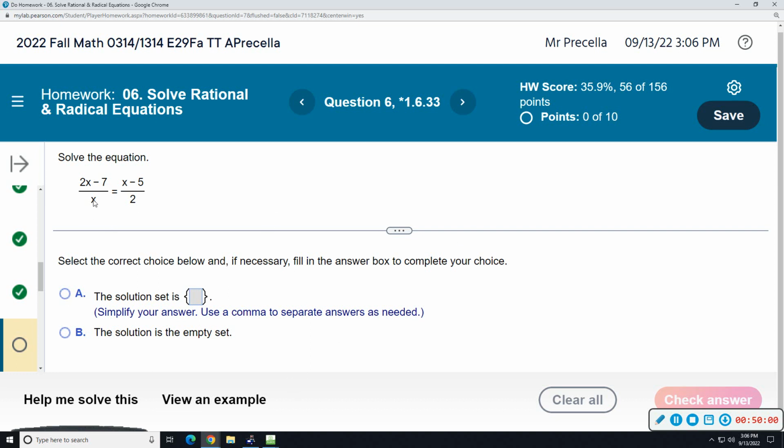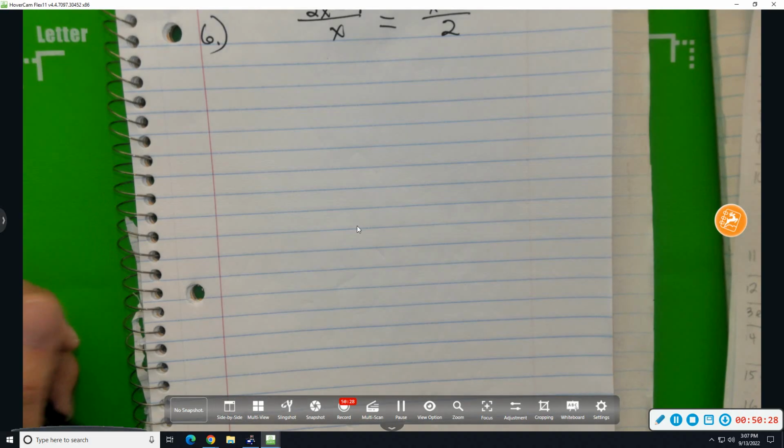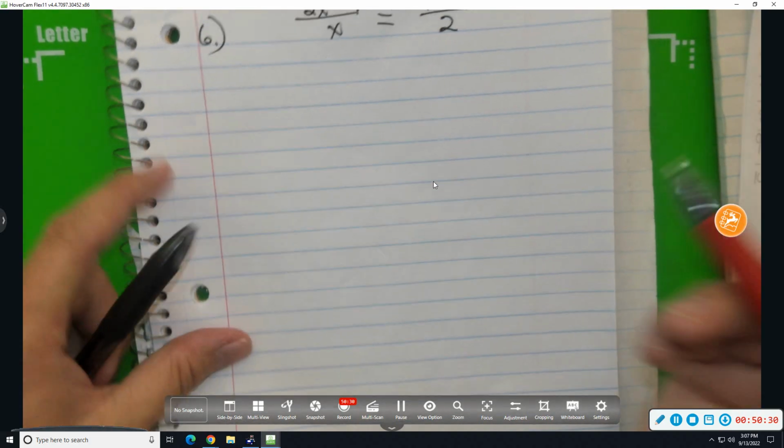But by the way, what's the one number we can't have as a solution? Well, we'll put a 0 down here in this fraction. No, 2 wouldn't give you a 0. If you put a 2 in for x, you'd have a 2 there. So what number would give us a denominator of 0? It should be obvious, if it's just a plain x. Remember how we were determining the unacceptable answers in problems 1 and 2.